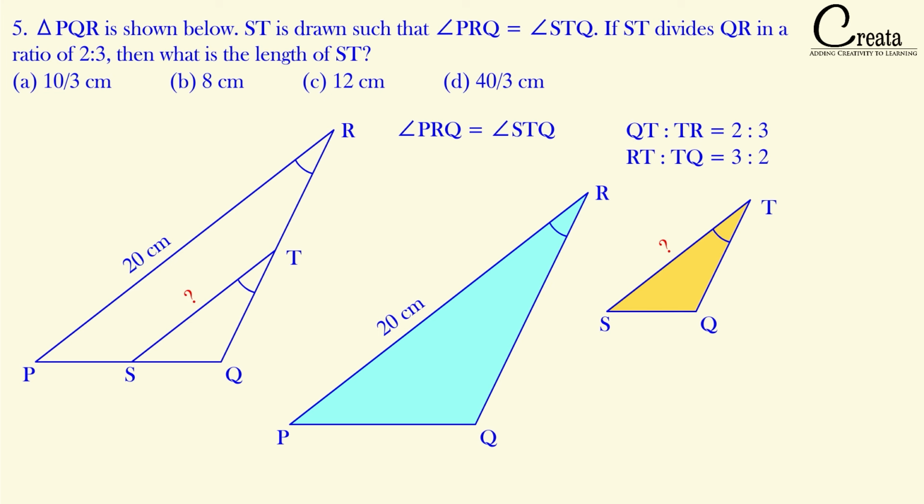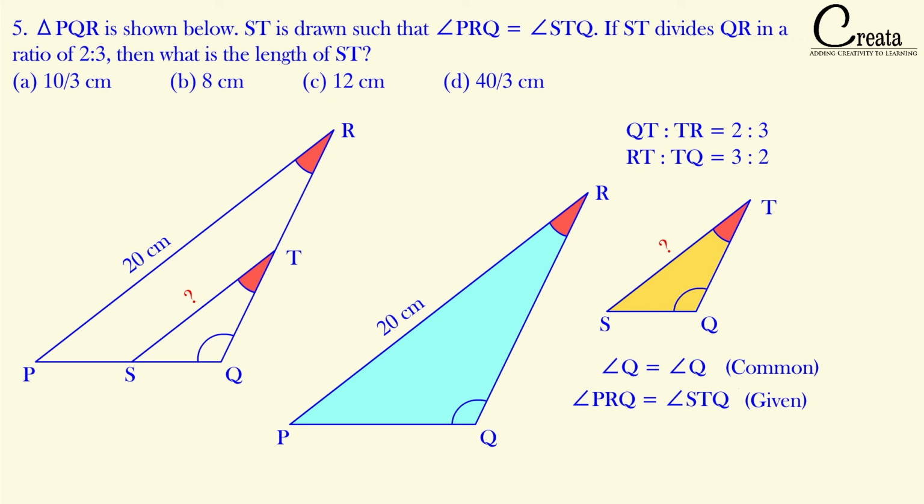Okay, so let's proceed further. Here in the two triangles, angle Q is common. So angle Q will be equal to angle Q, and angle T and angle R, these two angles are also given as equal to each other. So here two sets of corresponding angles are equal in these two triangles. So we can say both the triangles are similar to each other by the angle-angle criterion.